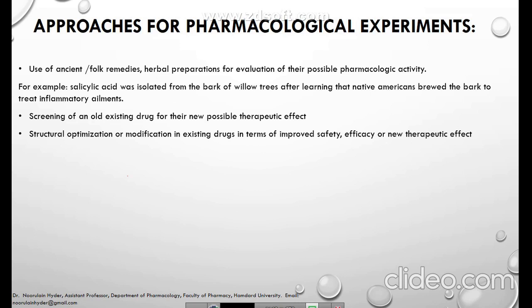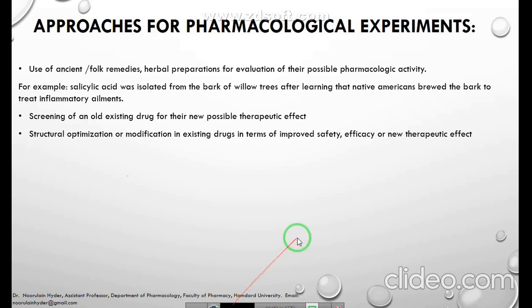So the structural optimization of lead compound, for example, salicylic acid by the company Bayer, resulted in the development or the discovery of acetyl salicylic acid, well known and popularly known as aspirin. It is the first non-steroidal anti-inflammatory agent.